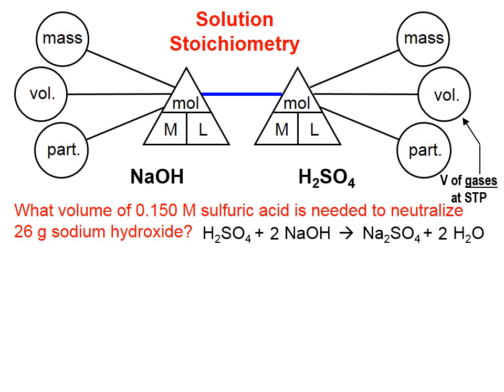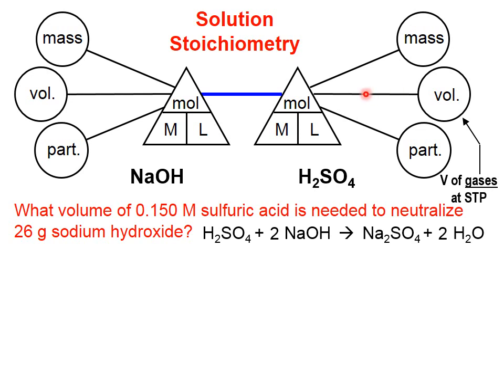Now, if we look over here on the far right, volume and H2SO4, we might be tempted to go to this island right here, volume. But you might recall that that island is for volume of gases and specifically at STP.